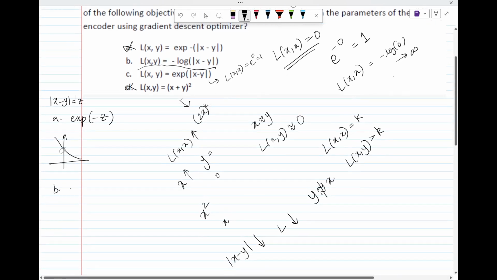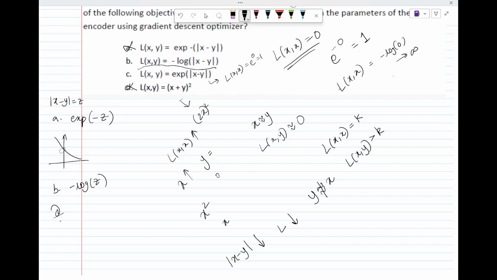If I look at B, then I have minus log z. So if I look at the derivative of this, d by dz of minus log z, this is equal to minus 1 by z, right?